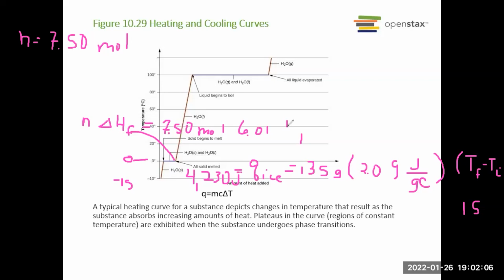So we should probably put it in joules, 6.01 times 10 to the third joules, so we can keep the same units per mole.